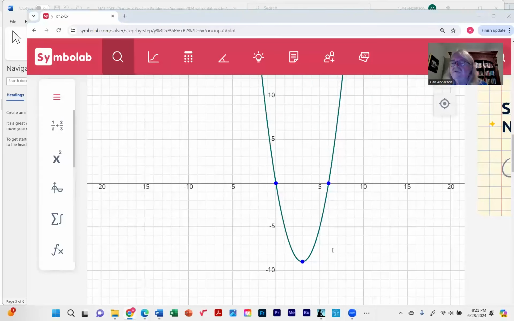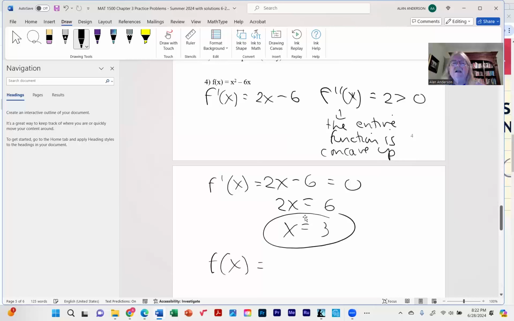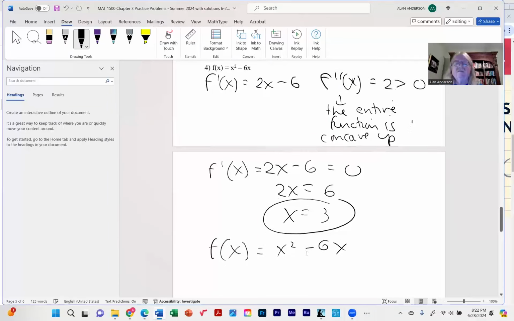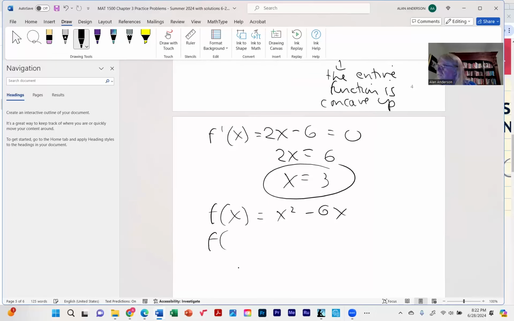And you can solve for the value of y by plugging this into the original equation, which was x squared minus 6x. And so f of 3 is 3 squared minus 6 times 3, 9 minus 18.